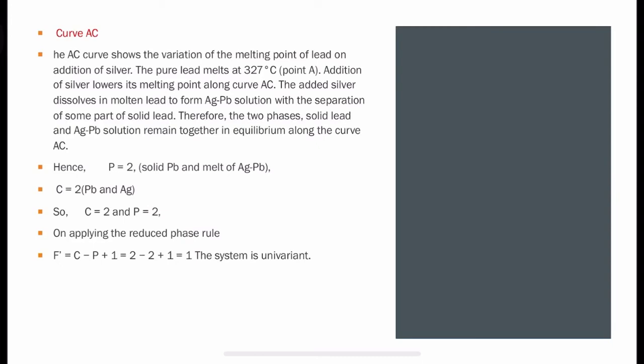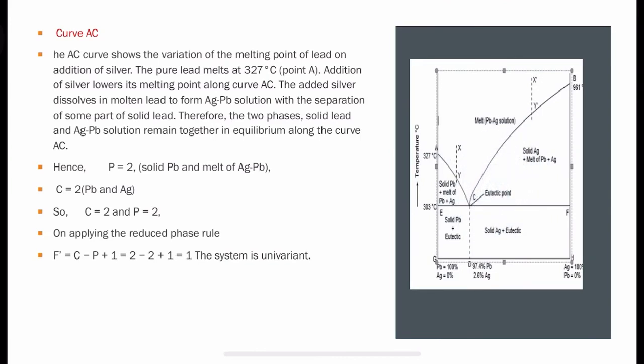So now we move on to our curves. In the figure you can see the curve AC on the left side. The curve AC shows the variation of the melting point of lead on addition of silver.